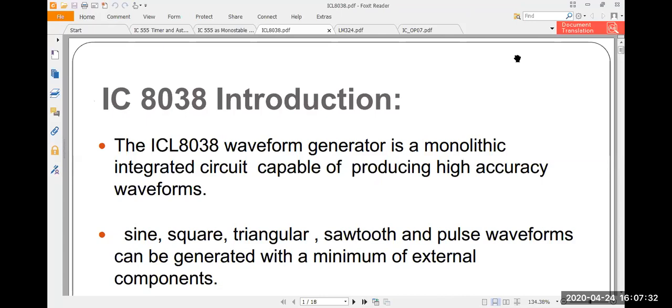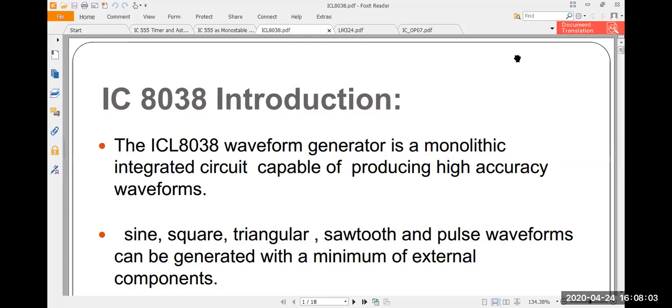So this last unit is basically of typical ICs. The name itself is specialized ICs. So we have learned about IC 555 timer, where that particular timer can be used to generate square waves in terms of astable multivibrator and monostable multivibrator.